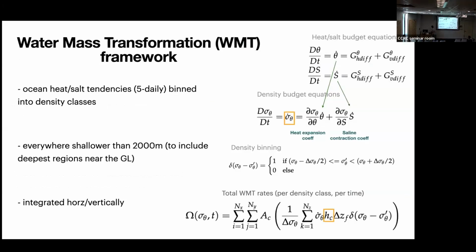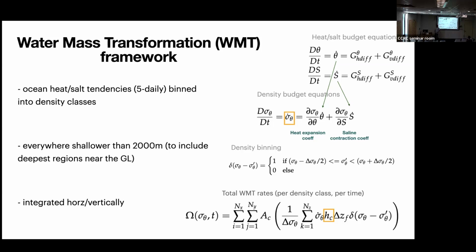So we run this model for a couple of years, and we save 5 daily ocean heat and salt tendencies that we use to do all the calculations for the water mass transformation framework. Pretty much we combine the heat and salt budget equations on top here into a density budget equation. And all these terms are multiplied by this delta function, which is the binning into density space.